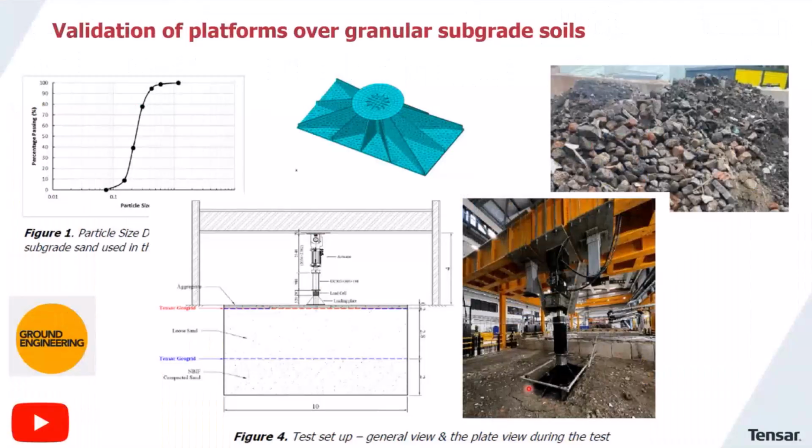The plate that is pushing down this sand subsoil is 1 meter wide and 2 meters long, simulating a realistic outrigger or eccentrically loaded crawler crane. You can see here a sieve curve of the sand subsoil that was used in the test setup and a visualization of the recycled rubble that was used.